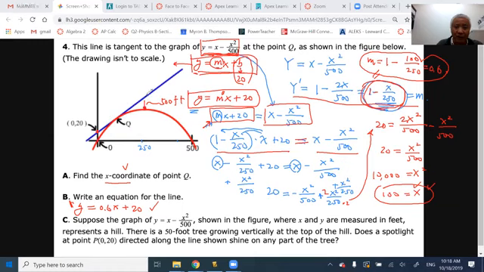If the line hits any part of the tree, you can spot it. So if the hill is just 500 long, it means no spot on the tree. If the line hits the tree at this point or higher, you will have a spot shining on the tree.